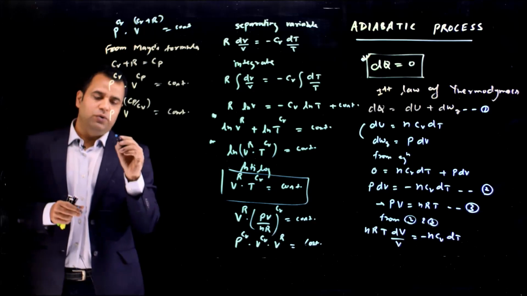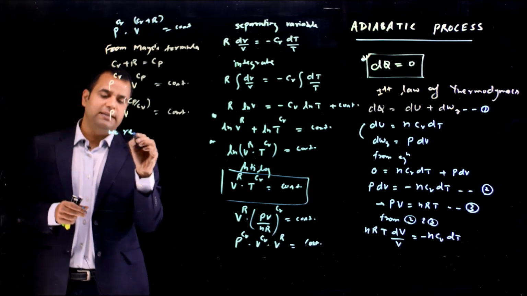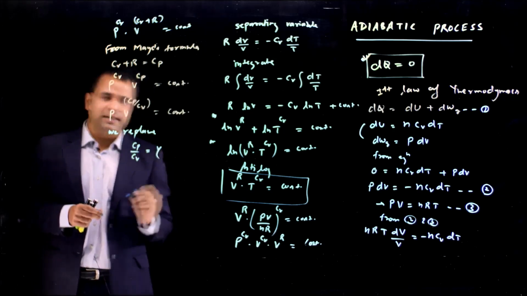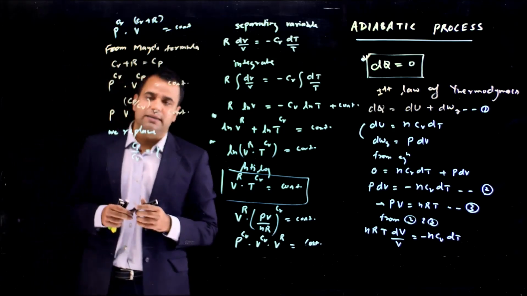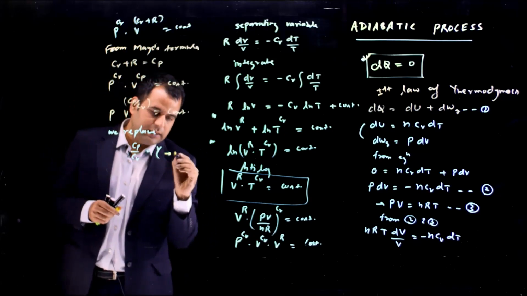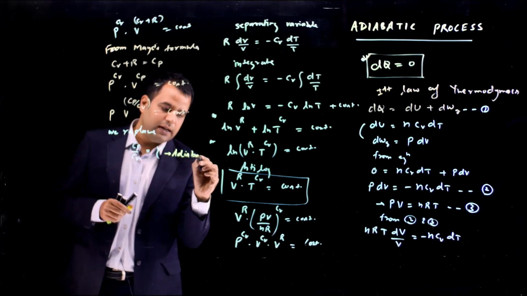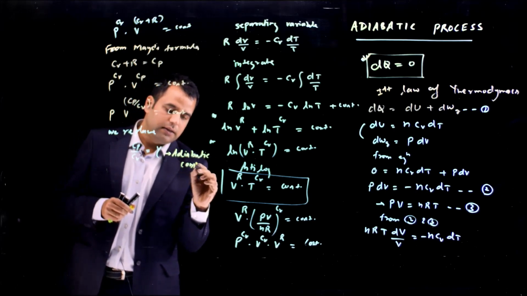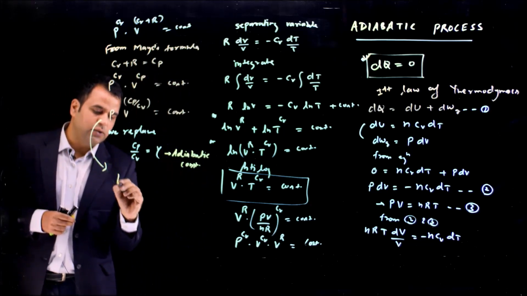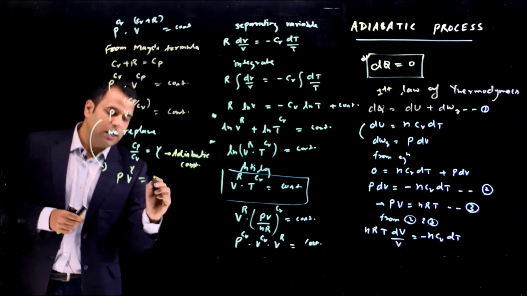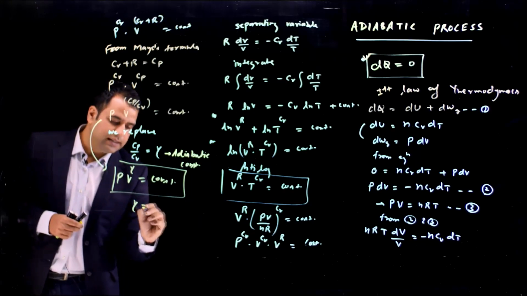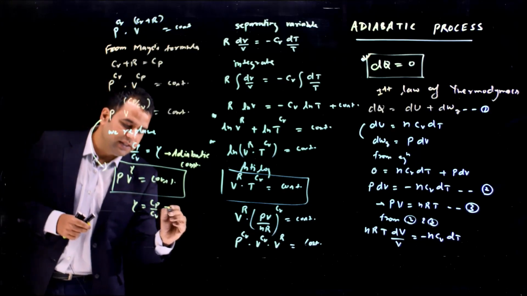So what we do, we replace this Cp upon Cv value by a constant gamma. This gamma is defined as the adiabatic constant. This value is defined for the gas, whatever kind of gas you are using. So this equation will get converted into PV to the power gamma is equal to constant, where gamma is Cp upon Cv.